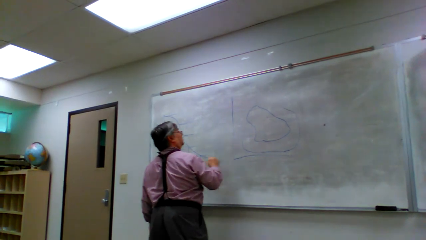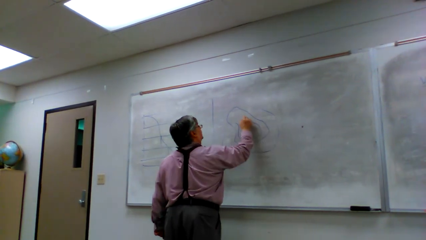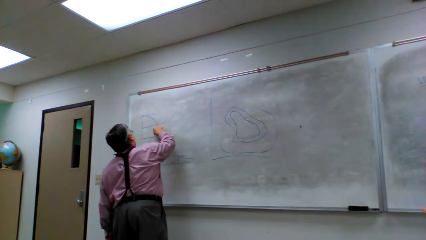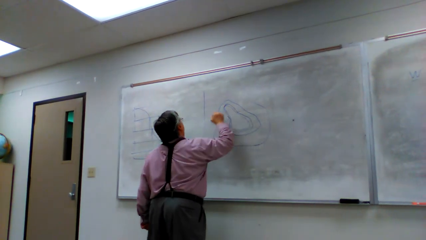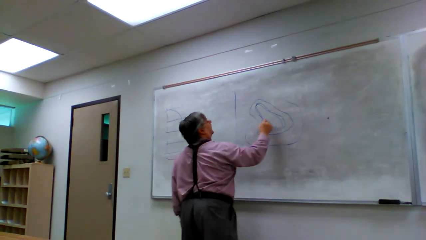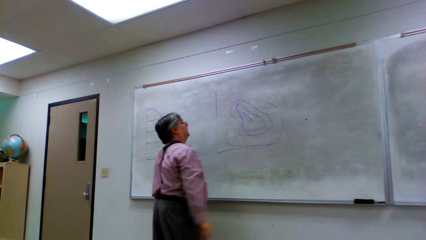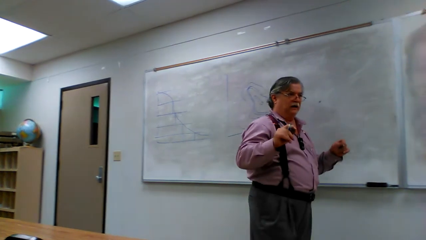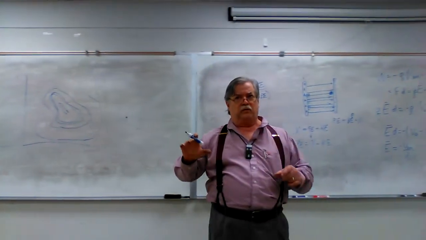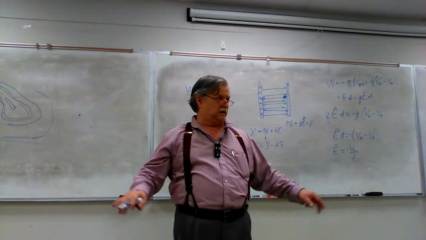Well, this one is going to be a little bit closer to that one. And this one's going to be even closer than that. This one finally moves out a ways. And by looking at how close those isotropical lines are to one another, you can tell how steep the terrain is.